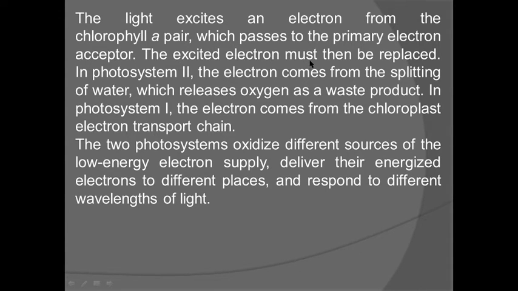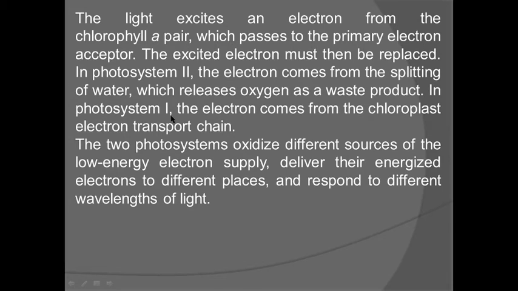The excited electron must then be replaced. In photosystem second, the electron comes from the splitting of water, that means oxidation of water molecules, which releases oxygen as a waste product.